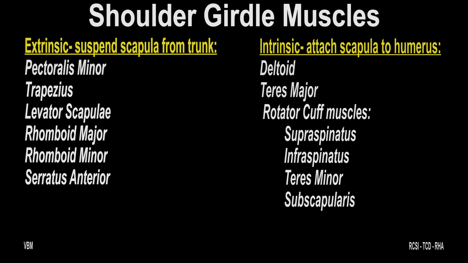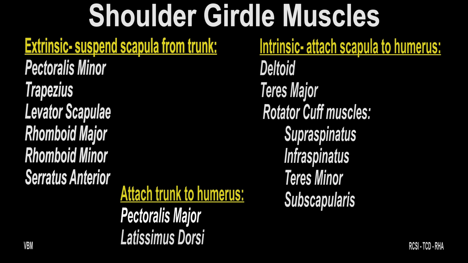The following intrinsic muscles attach the scapula to the humerus: deltoid, Teres major, and the rotator cuff muscles, the Supraspinatus, the Infraspinatus, Teres minor, and the Subscapularis muscles. The Pectoralis major and Latissimus dorsi muscles both attach the trunk to the humerus.